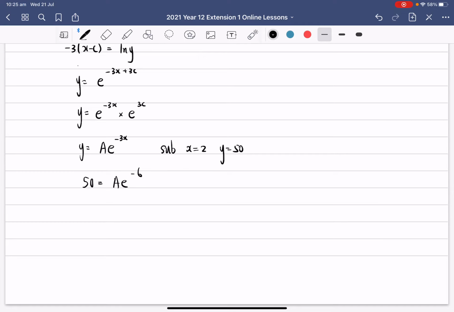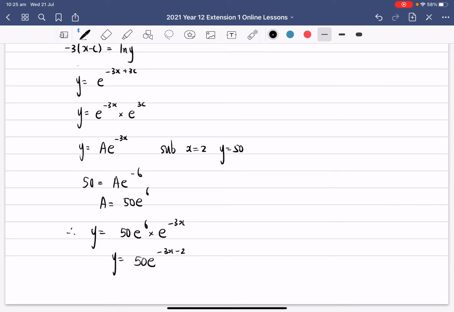So a is equal to 50 e to the power of positive 6 in this case. Therefore y is equal to 50 e to the power of 6 times e to the power of negative 3x. After we simplify by combining the two e's together, we end up with minus 3x minus 2.